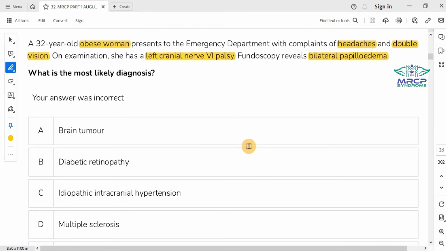Idiopathic intracranial. So this is a case of IIH, idiopathic intracranial hypertension.